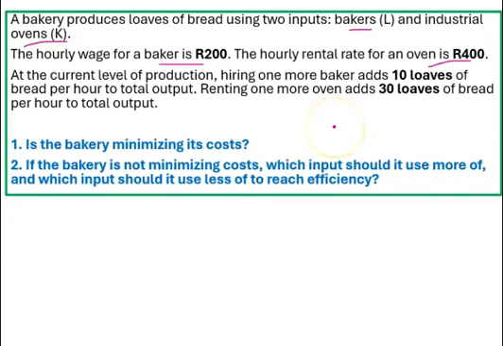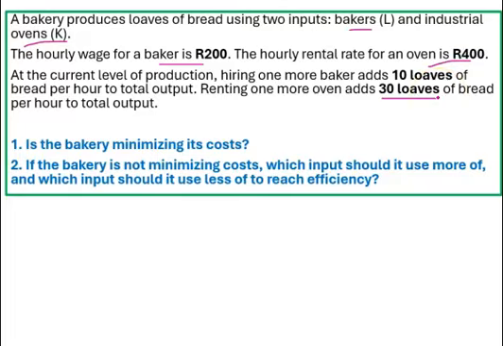At the current level of production, hiring one more baker adds 10 loaves of bread per hour to total output. That is, the marginal product of labor is 10 loaves. And renting one more oven adds 30 loaves of bread per hour to total output. That is, the marginal product of capital is 30 loaves.